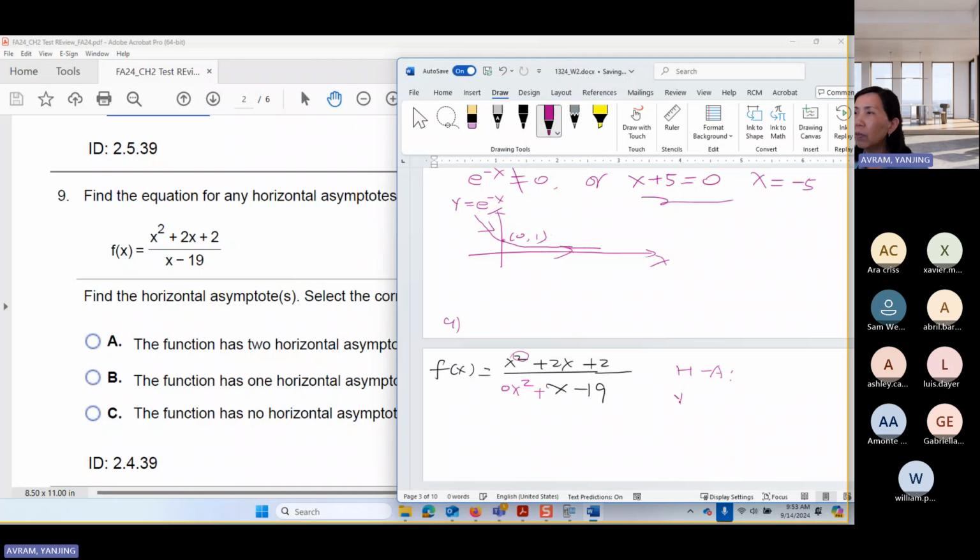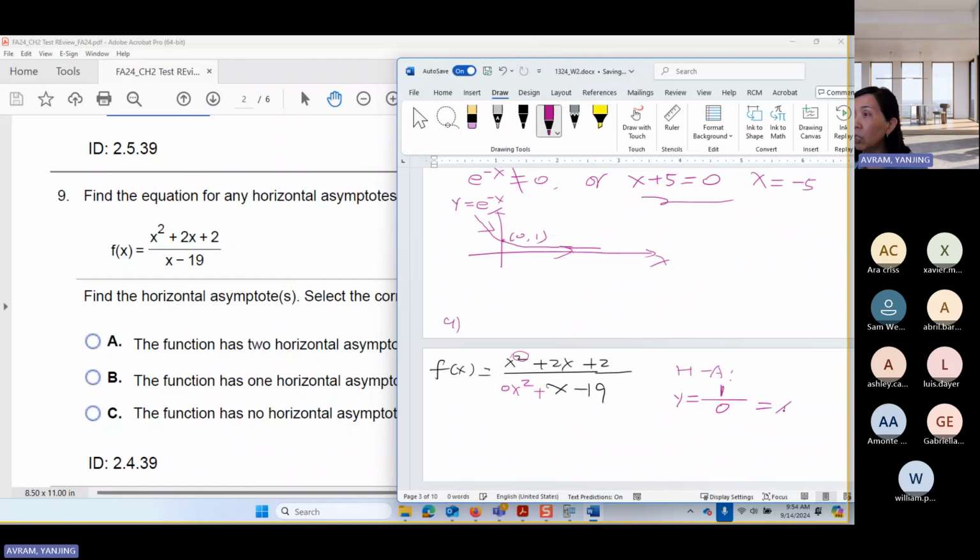And then I can find my horizontal asymptote using the coefficient of the highest degree, which is x squared, divided by this one. Even though I don't have an x squared in the denominator, I can make up a 0x squared to get the same degree without changing the value.